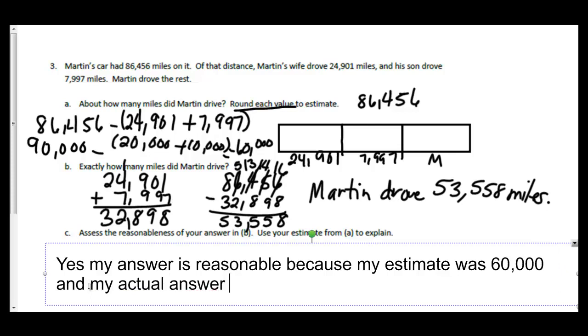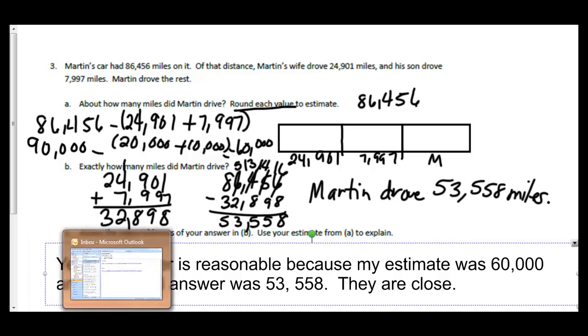My actual answer, or my exact answer, was 53,558. Okay, so yes, my answer is reasonable because my estimate was 60,000 and my actual answer was 53,558, and they are close. So it is reasonable.